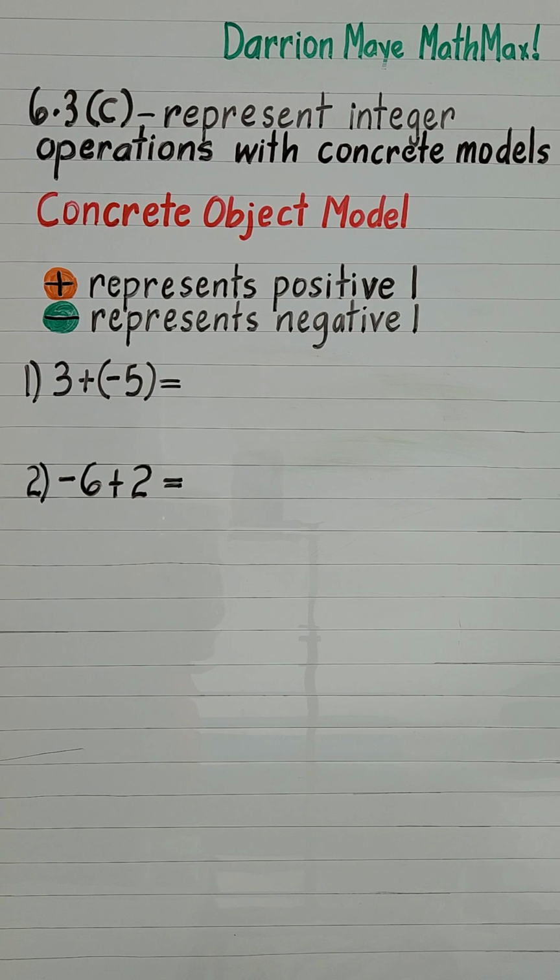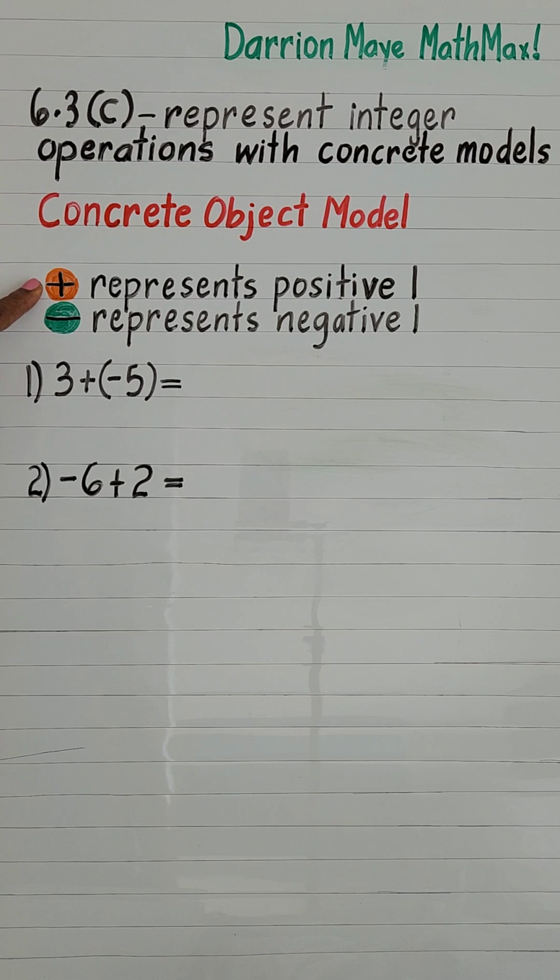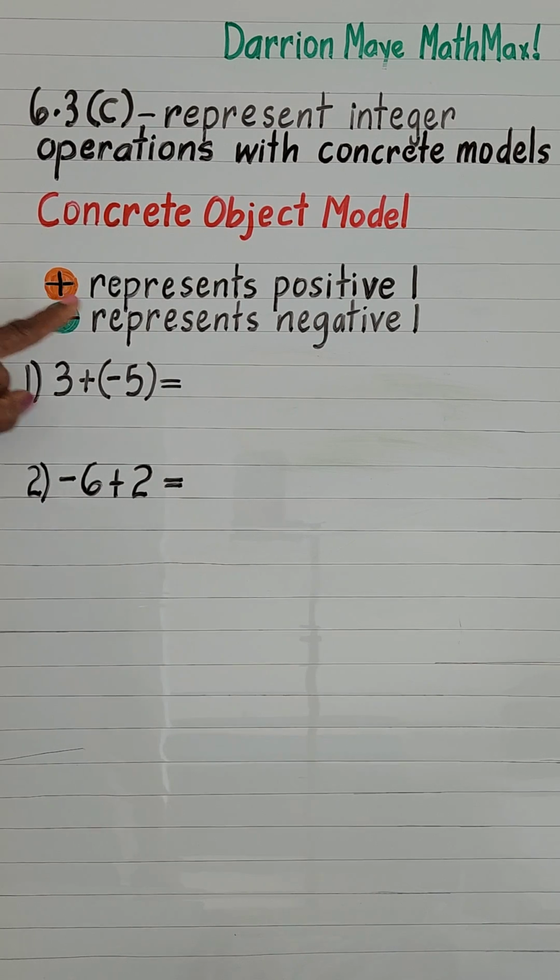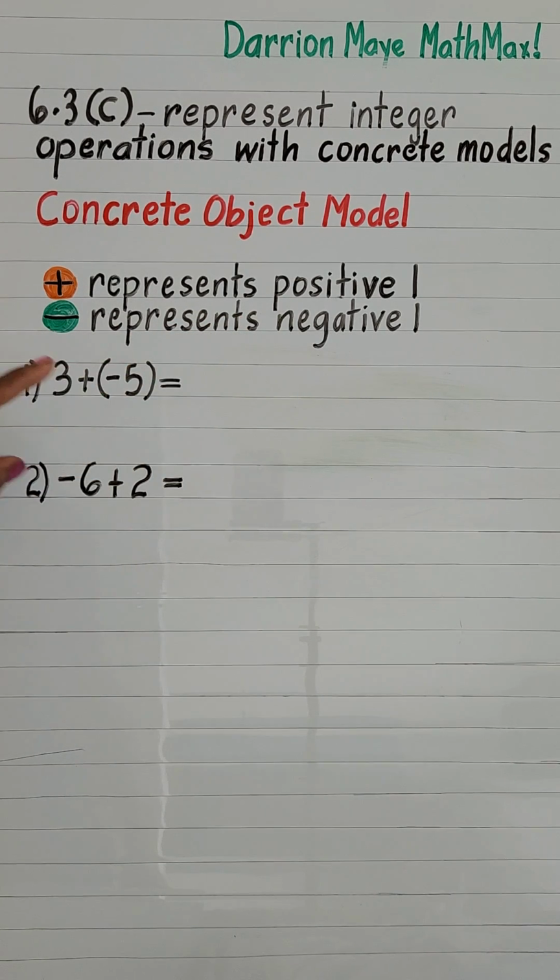First, we will be using concrete object models, and the concrete objects can be chips, some beans, or marbles, whatever you can find. And here we have the orange chip, which is a positive chip that represents +1.